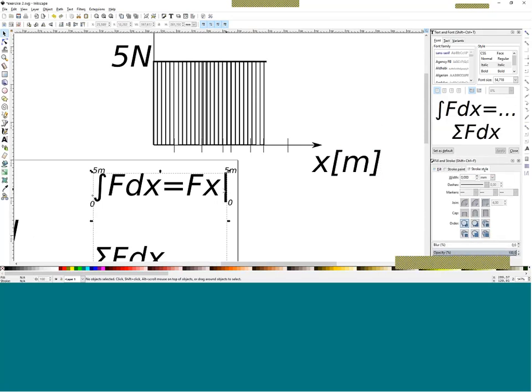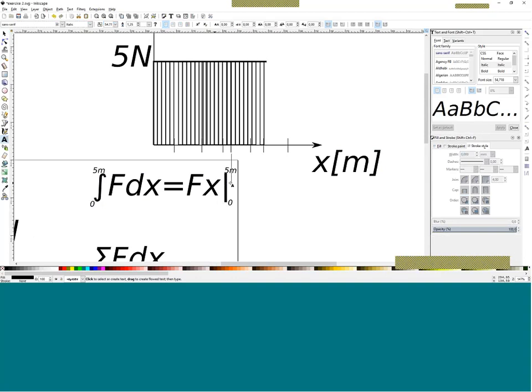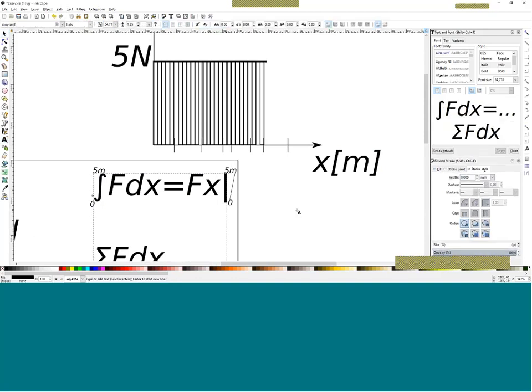We found another way to derive work done using another method like calculus. Yeah, that's the case. And I think the more ways we have, the better.